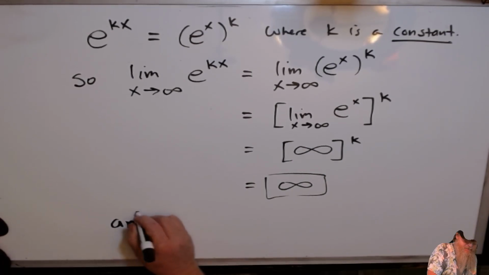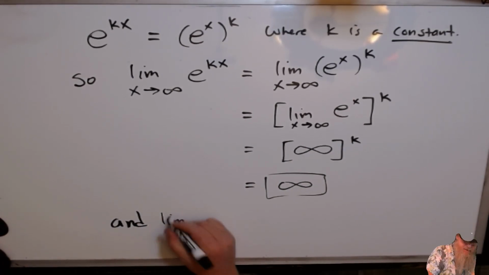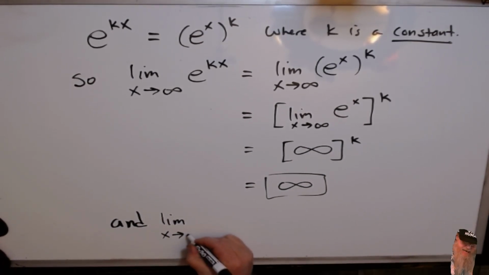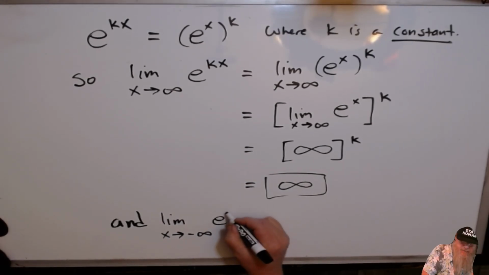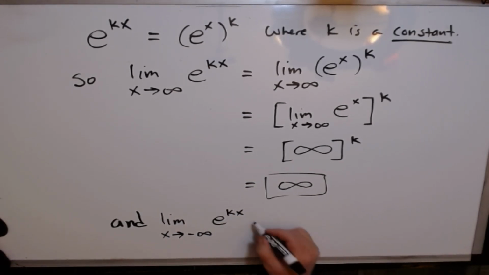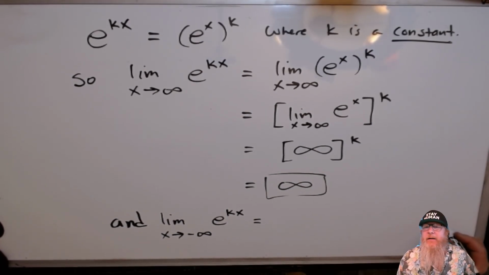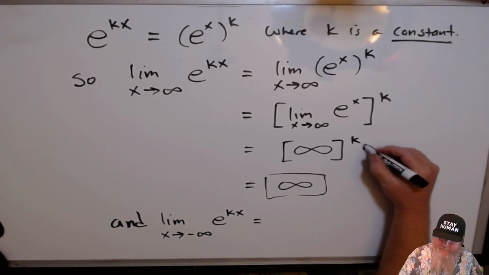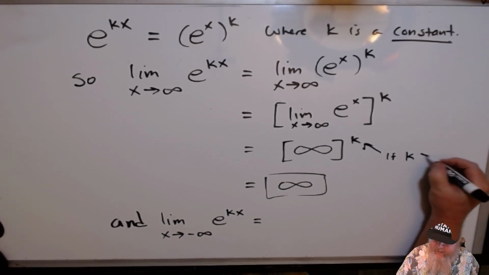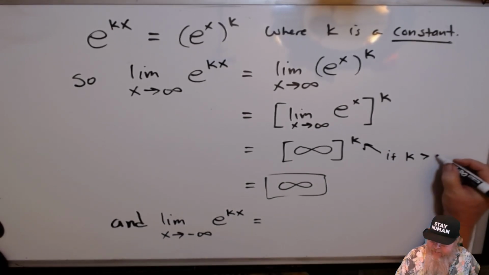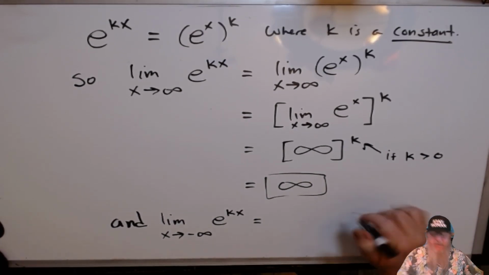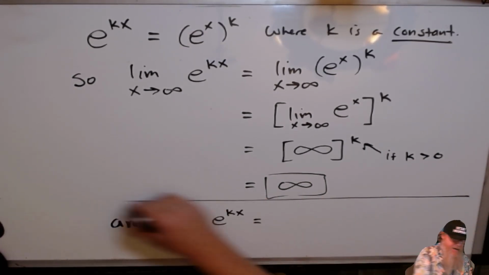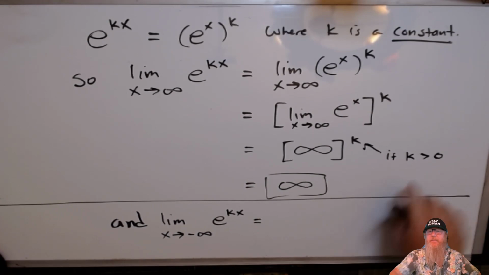And if I have room to squeeze it down here, the limit as x goes to negative infinity of e to the kx. Now I should mention, in order for this to be true, k has to be greater than 0, a positive constant.